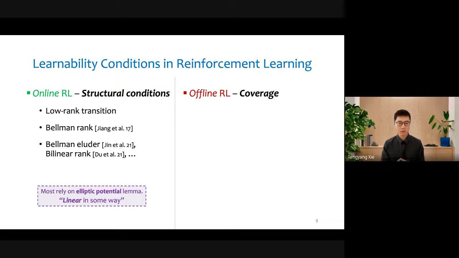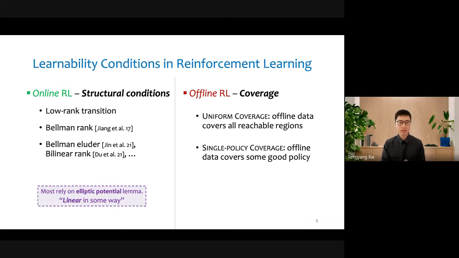On the other hand, offline reinforcement learning does such a thing very differently. People usually use something called a coverage condition, or technically a concentrability condition. The idea behind that is, if we require a uniform coverage, that says our offline data covers roughly all reachable regions.